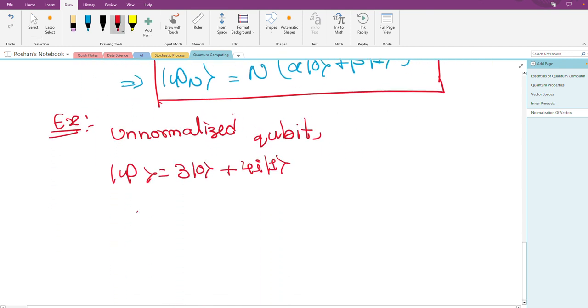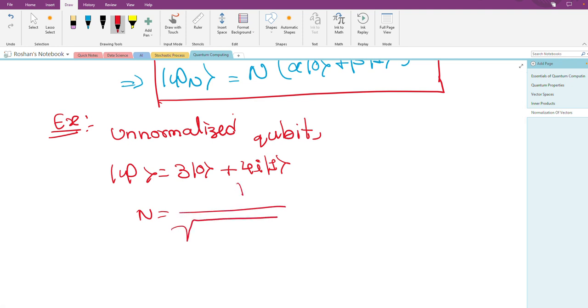So n equals 1 by the square root of alpha square plus beta square. But how to identify alpha and beta?